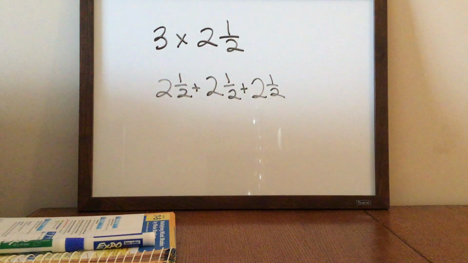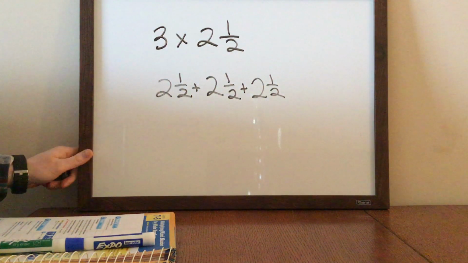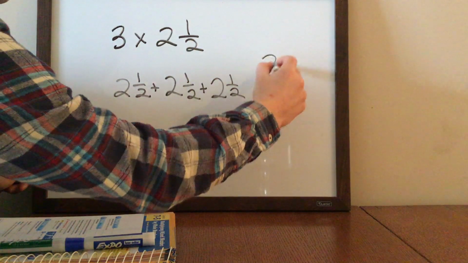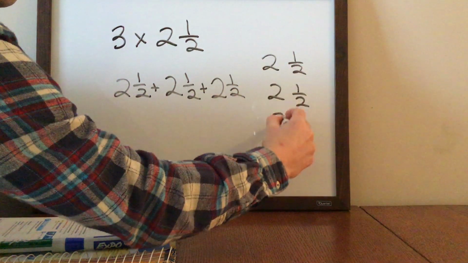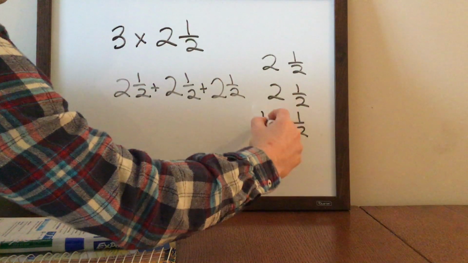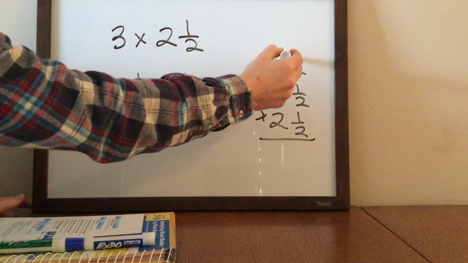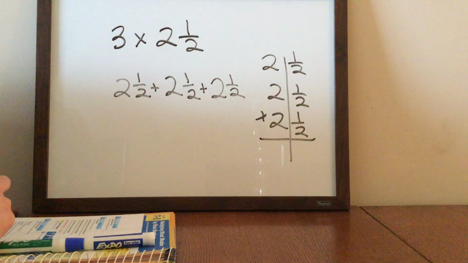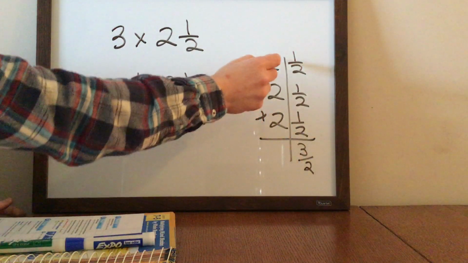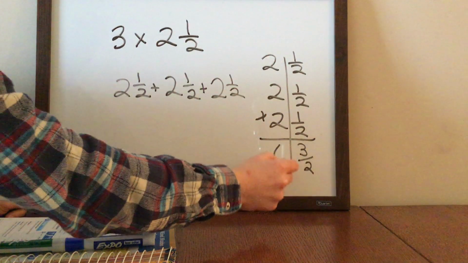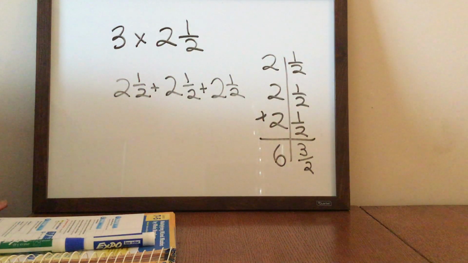We know how to add mixed numbers, so this is something that we could do. Out to the side, we would just write 2 and a half 3 times, and we could add this up. So 1/2 plus 1/2 plus 1/2 is 3 halves. 2 plus 2 plus 2 is 6, so we get 6 and 3 halves.